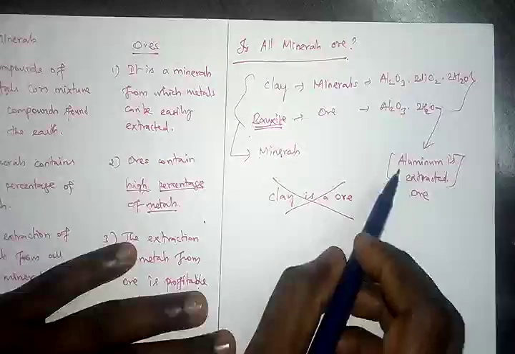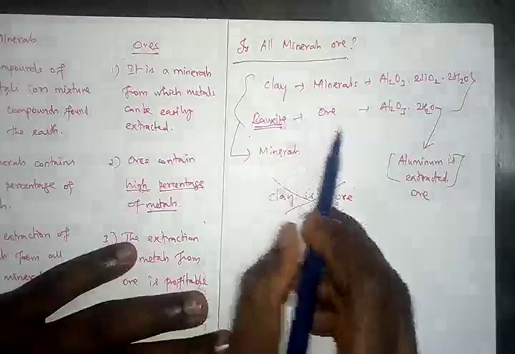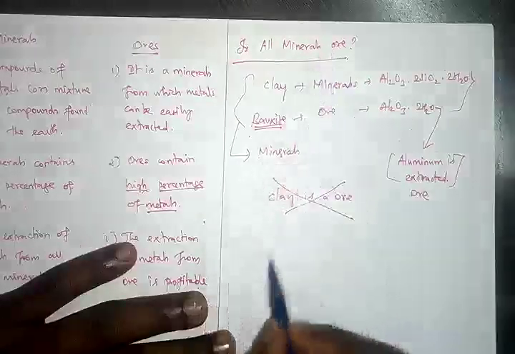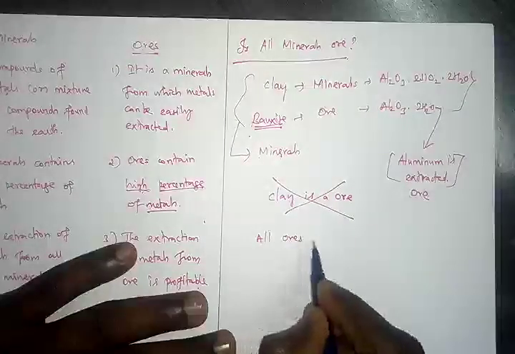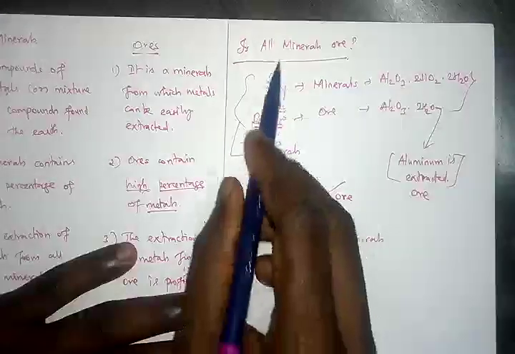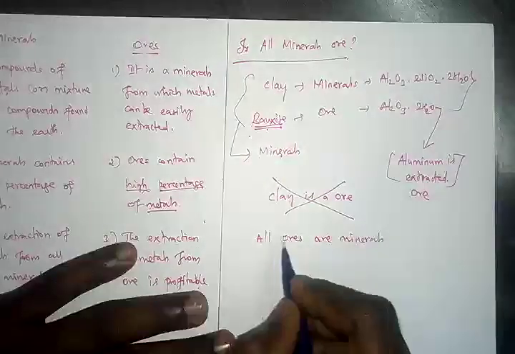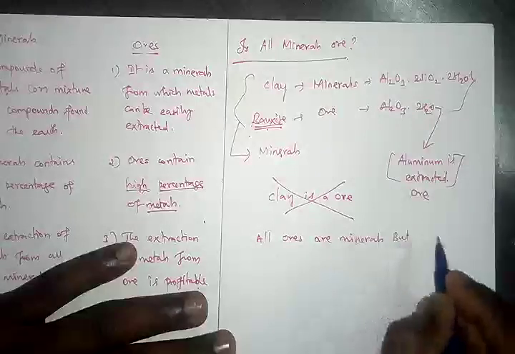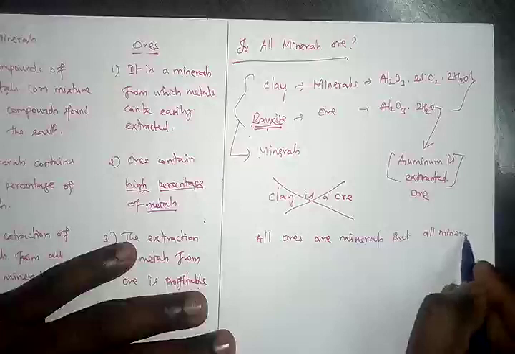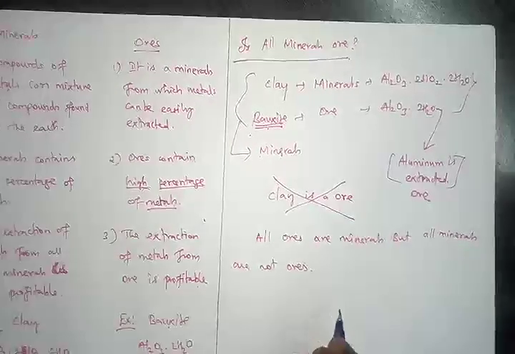Only bauxite is an ore. So I can say all ores are minerals, but all minerals are not ores. Even bauxite we call a mineral, but clay we don't call an ore. This is a major idea, my dear children.